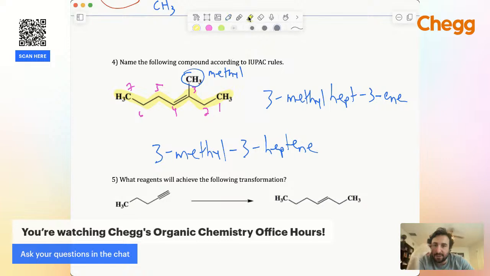If we want to do absolute configuration, here are the 2 bonds participating in the pi bond, and now there are 2 groups connected to each carbon participating in the double bond. We need to assign which one of them is higher priority over the other. Over here, that will be this over the hydrogen.